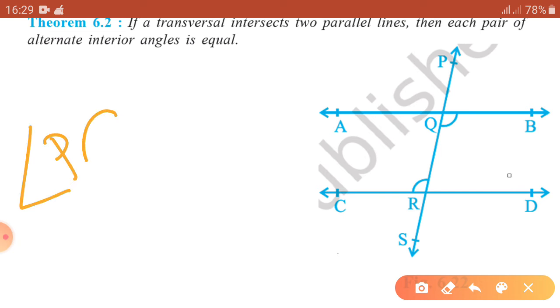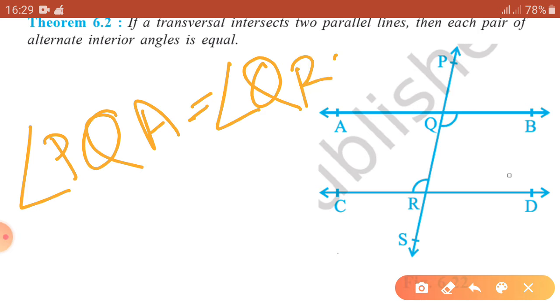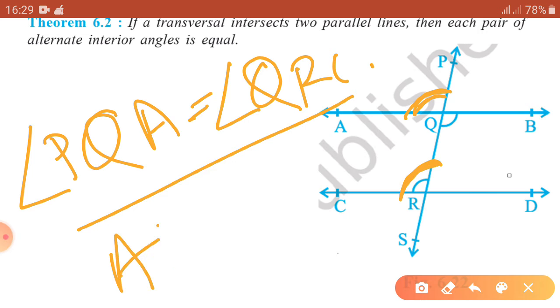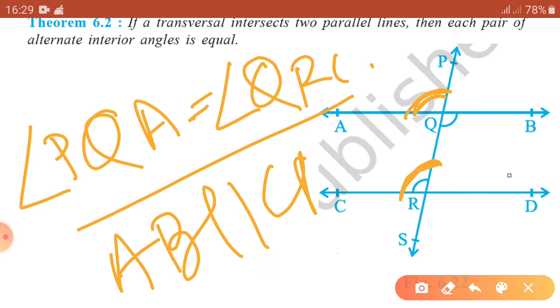Angle PQA is equal to angle QRC. That means this angle is equal to this angle. But they are corresponding angles. So we can say that AB is parallel to CD, that is the converse of the corresponding angles axiom.